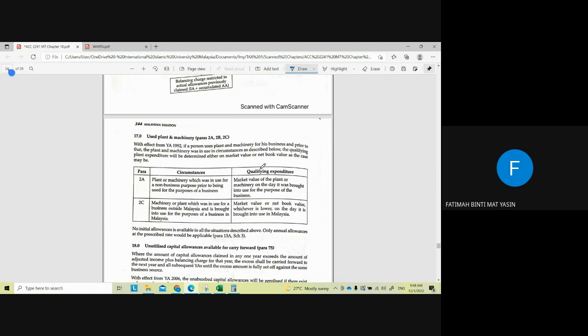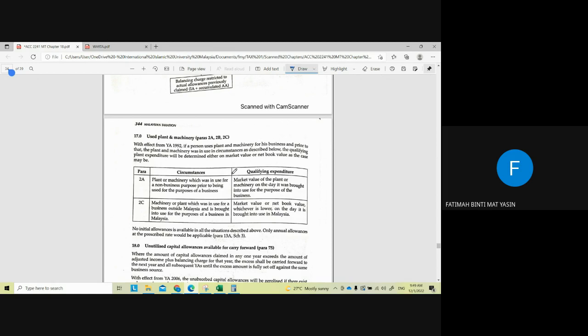Okay, same goes when the company has a subsidiary overseas. The subsidiary overseas, for example, uses the asset, okay, and then now the asset was brought to Malaysia and is being used by the company in Malaysia. So for the company in Malaysia, when they want to calculate the annual allowance, they can claim the capital allowance for the asset, provided they use it in their business, but they can only claim annual allowance. There is no initial allowance.